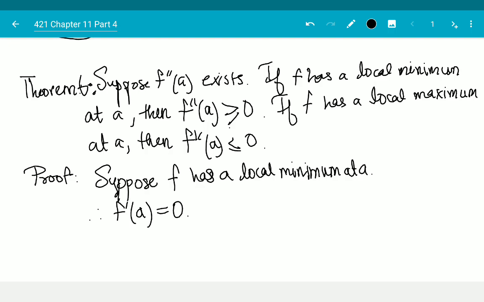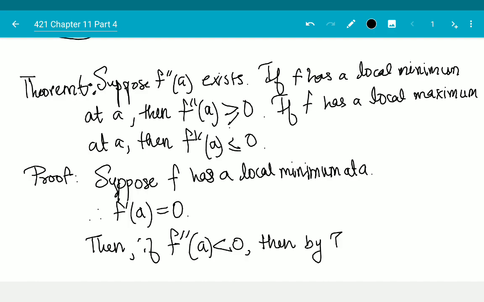We know that if it's a local minimum or a maximum, then it is 0. Then, if f double prime of a was, well, not smaller than or equal to, was strictly smaller than 0, then by the previous theorem 5, it is also a maximum.